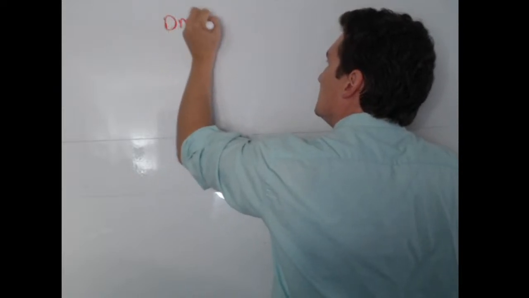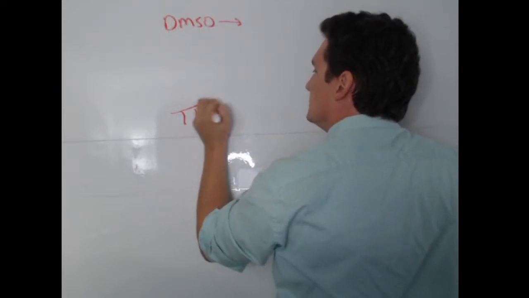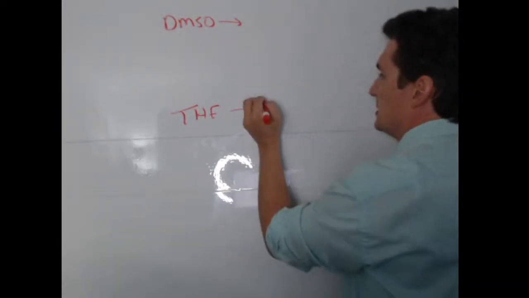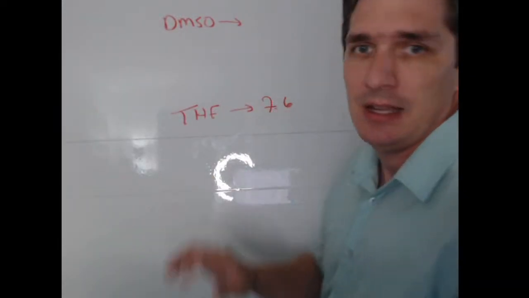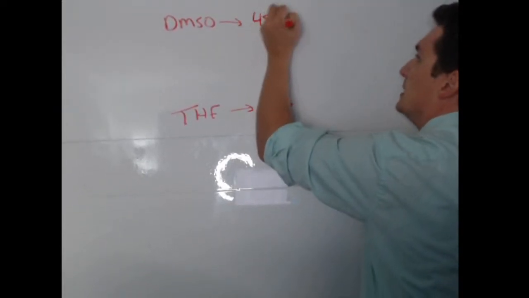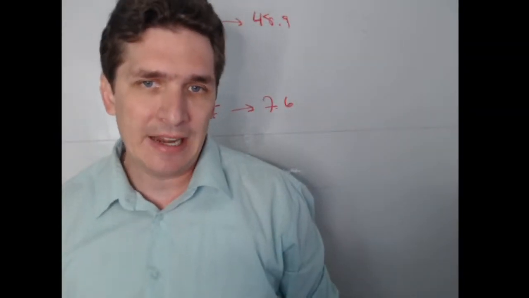So THF has a dielectric constant of 7.6, and DMSO here has a dielectric constant of 48.9. These are both listed as polar aprotic. The question is, do they actually act differently?